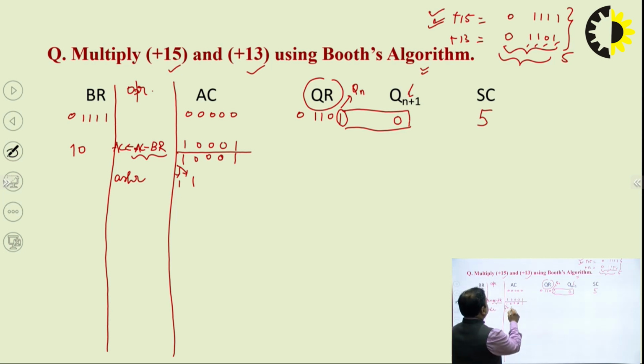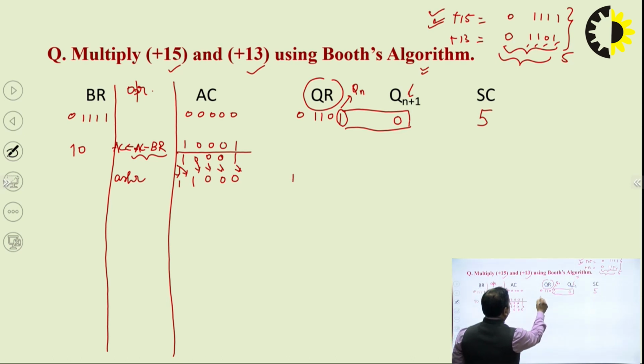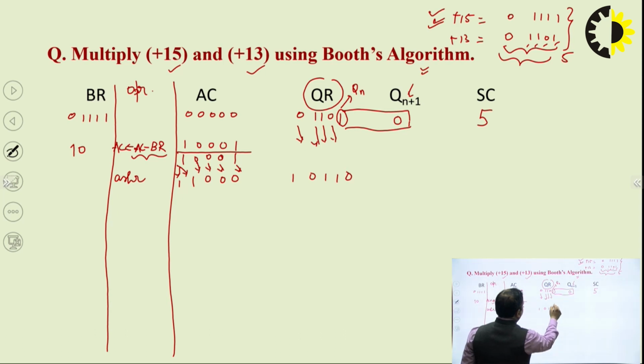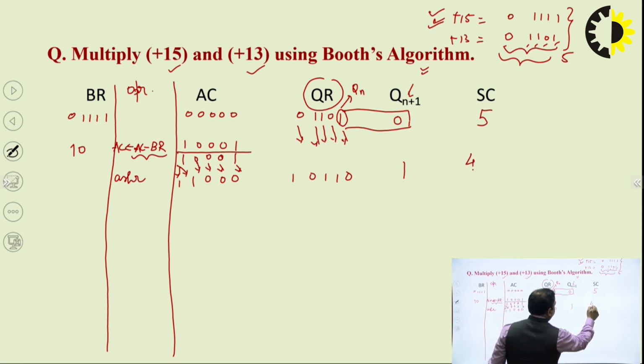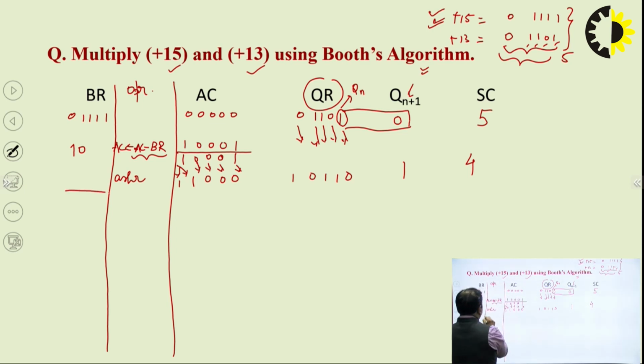Followed by this, 0 will be here, this 0 will be here, this 0 will be here, and this 1 will be here, and this 0 will be here, this 1 will be here, this 1 will be here, and this 0 will be here, and this 1 will be shifted to Qn plus 1, and the sequence counter should be decremented by 1. So this is my first cycle.